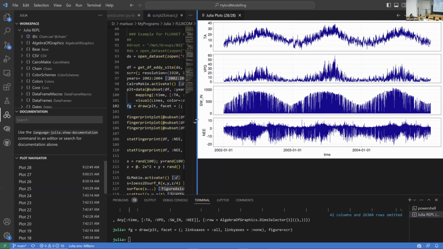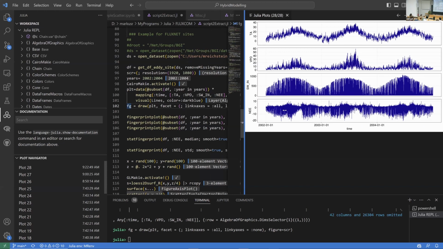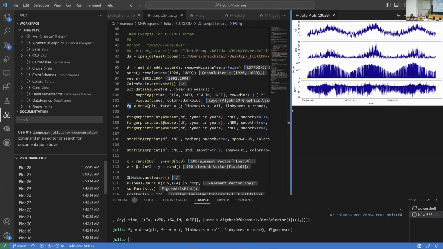But we don't see too much detail, and actually I wanted to plot it in Makie to zoom in, but okay, I won't do it now. If you zoom in, you would see that of course there are higher frequency variations, the diurnal cycle, day and night.